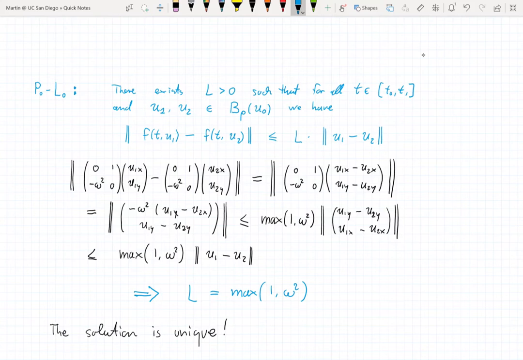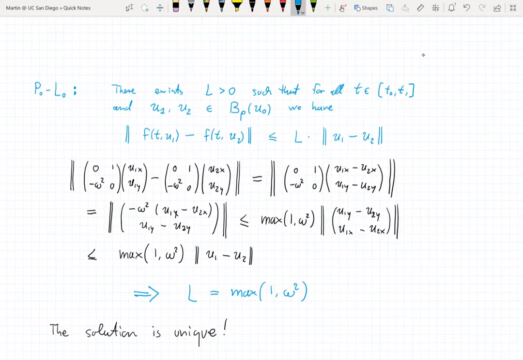Now remember that matrix-vector multiplication is linear in the vector, and so we can summarize this as follows. Namely, we take the Euclidean norm of the matrix-vector product with the matrix 0, 1, negative omega square, 0 multiplied with the following vector, namely the first component is u1x minus u2x, and the second component is u1y minus u2y.